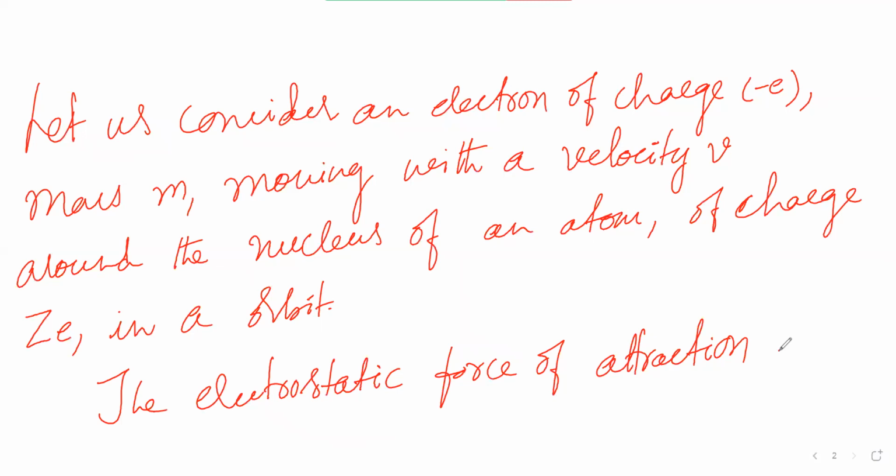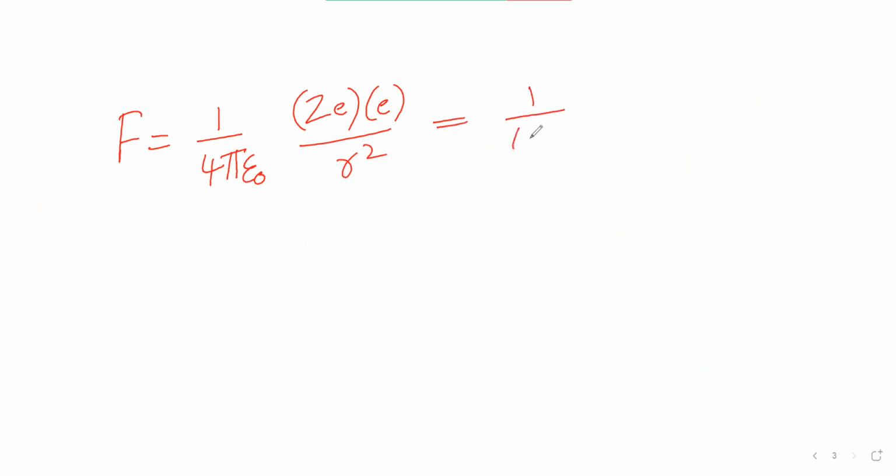The force of attraction due to the nucleus is F equals 1 divided by 4 pi epsilon naught into Ze into e whole divided by r square, which is 1 divided by 4 pi epsilon naught Ze square divided by r square. We can call it equation number 1.